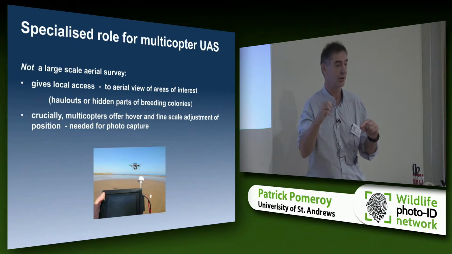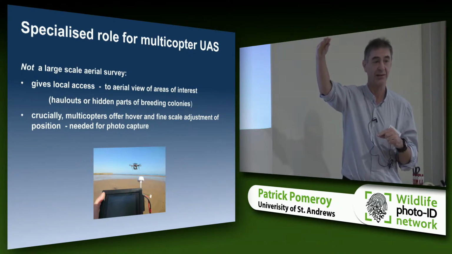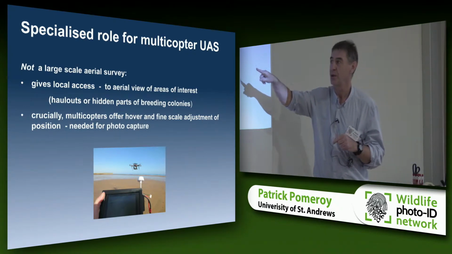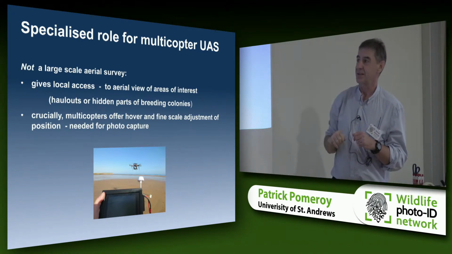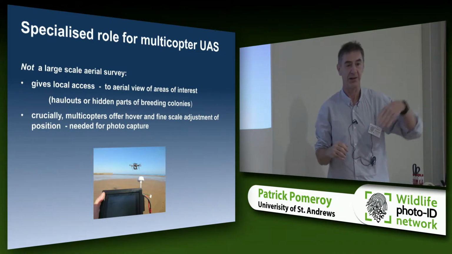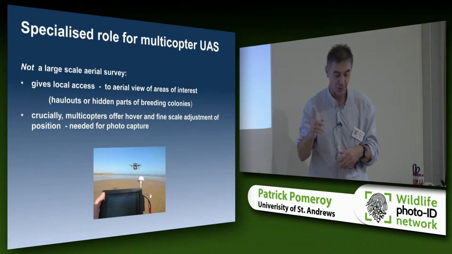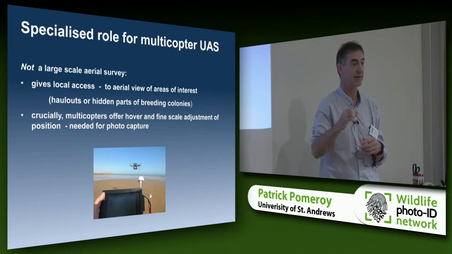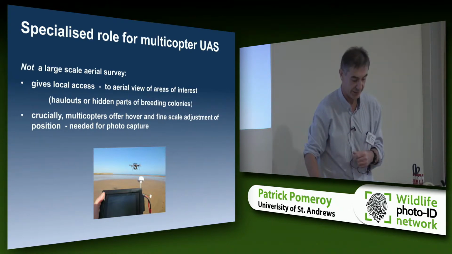They allow you to put the machine in one place and allow you to have fine-scale adjustment of position, which allows you to get a good image of the animal that you're actually interested in. And that's crucial to get the sort of photographs that we all need for photo ID.